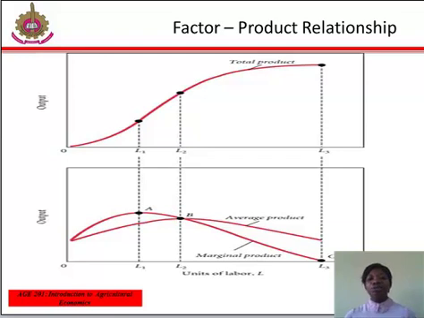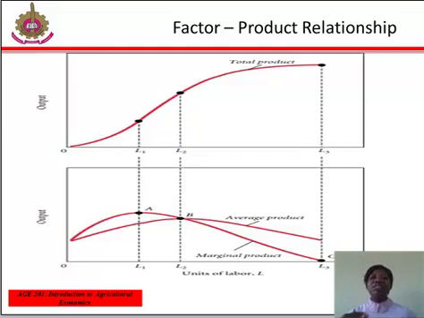Stage 2 is a stage where MP is less than AP, that is, the marginal product is less than the average product. The average product is still increasing while the marginal product is decreasing, but in a positive realm. Marginal product is 0 at the boundary of stages 2 and 3. Stage 2 is a stage of economic relevance in production where total product increases at a decreasing rate.